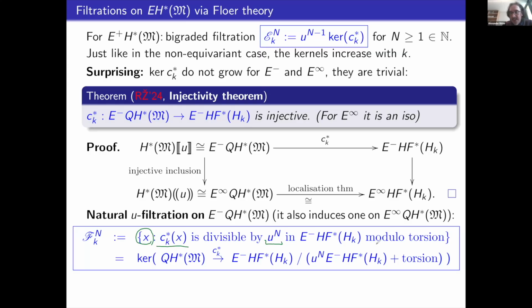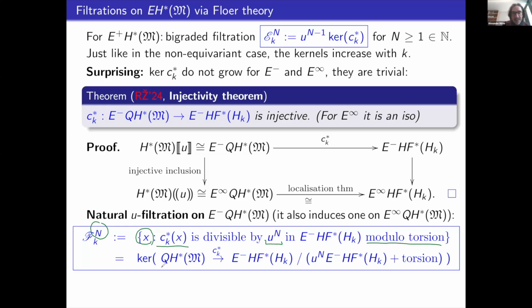There's a technical fact that we also have to kill off any U torsion. But once you've killed off the U torsion, we're basically saying this filtration at level n looks at which classes in the ordinary cohomology, once we map them to the Floer cohomology for slope k, become divisible by U to the n.